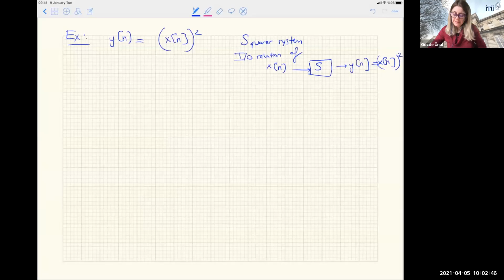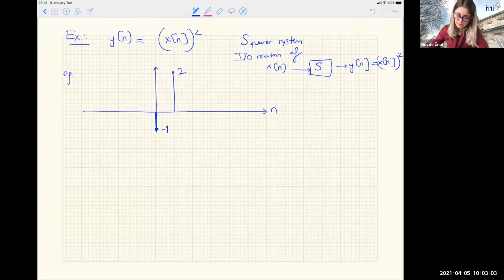So now let's give an example x of n, e.g., x of n is given by minus 1, 2, let's say. This is x of n. Let's say it's given as 1 here.